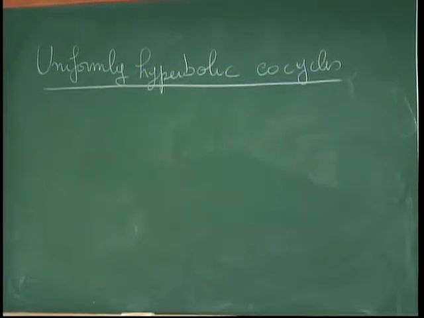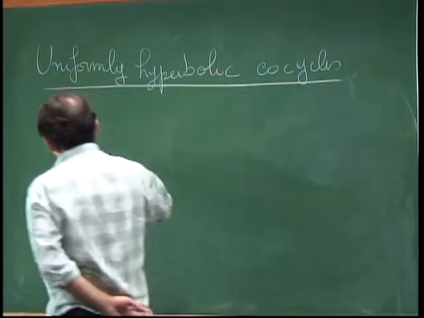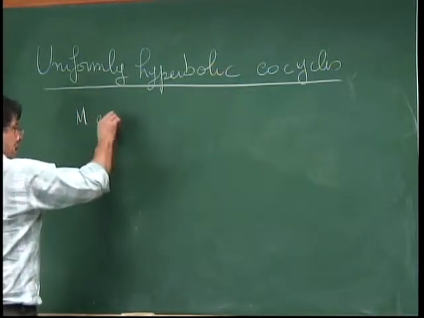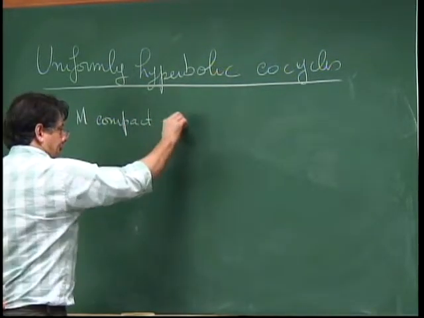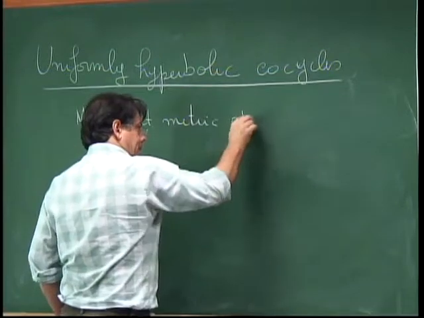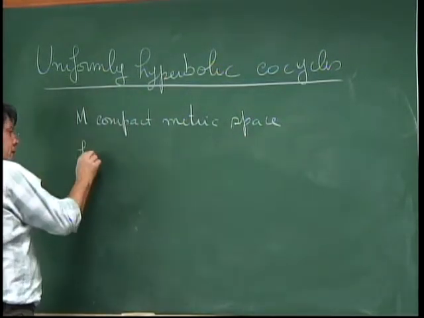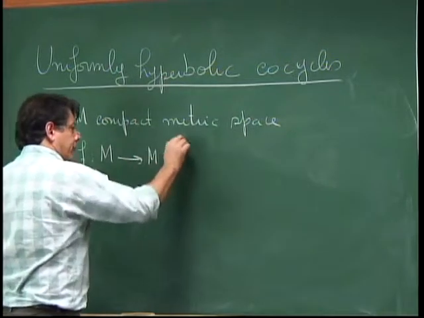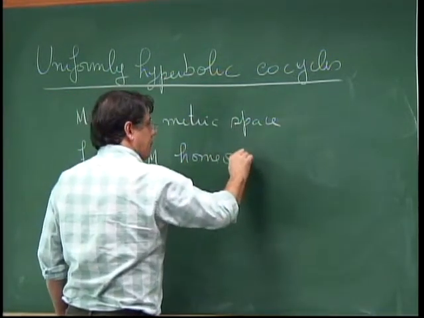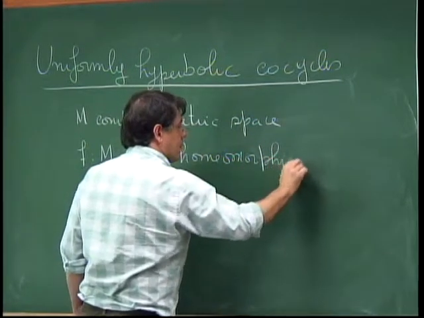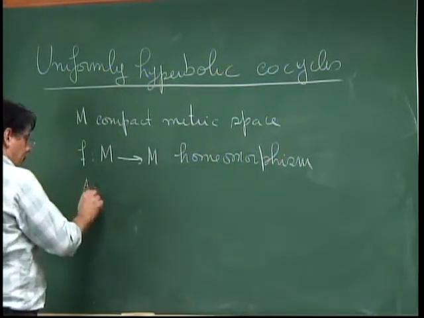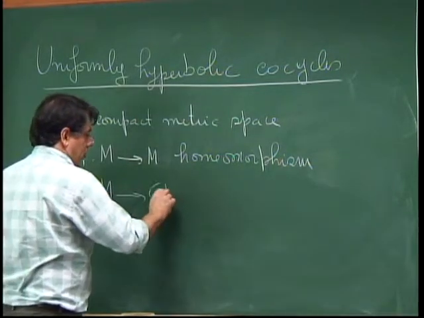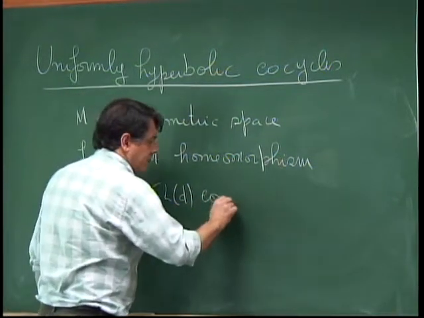So, in this context, I'm going to suppose that M is a compact metric space, and f is a homeomorphism. So A from M to GL(d) is continuous.